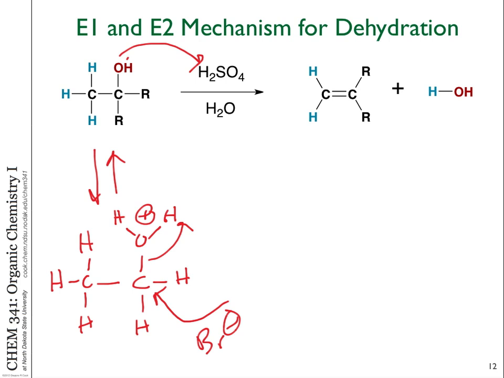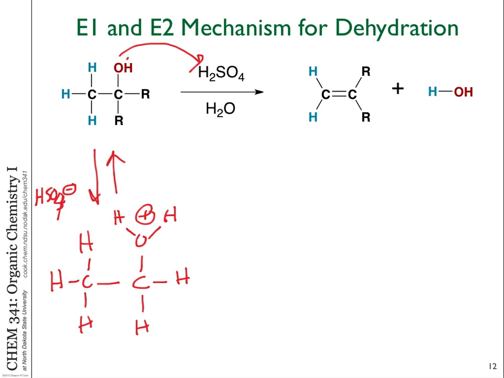If we have a primary substrate where it's very difficult to form a carbocation, we can go by a mechanism which is what we call the E2 mechanism. Elimination, but the rate depends on two molecules. It's bimolecular. That second molecule in this case is the base. It could be a water molecule, it could be the sulfate ion. I'll just use sulfate ion, HSO4 minus.